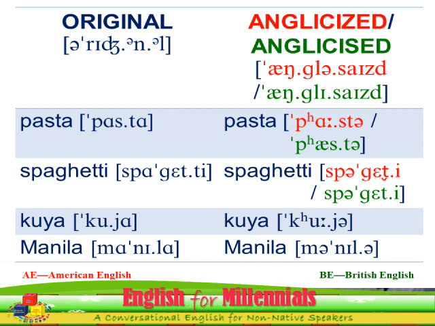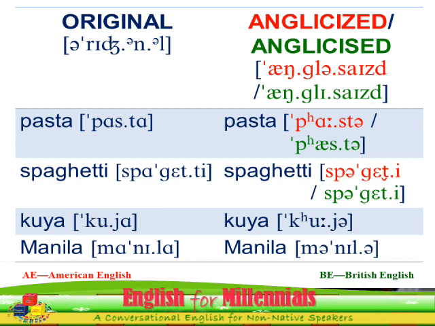It's not d, but close to it. Close to t, close to d. But in British it is spaghetti. By the way, the flap d is only in spoken American, but officially you can use t also. So whether it's spaghetti or spaghetti, both are accepted in American English.